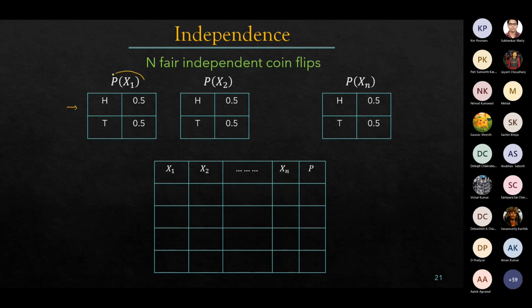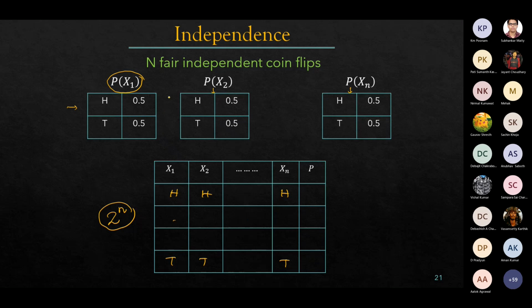This is the outcome of one trial, this is the outcome of another trial, and this is the outcome of the nth trial. Now, if you want to represent the joint probability distribution of these n trials, what do you need to have? You need to have 2 to the power n assignments. Maybe you have head all the time, you have a probability value. You have tail all the time, you have a probability, and in between you have different other assignments, right?